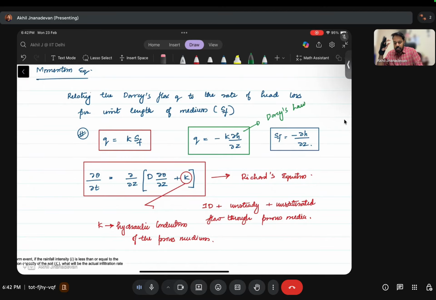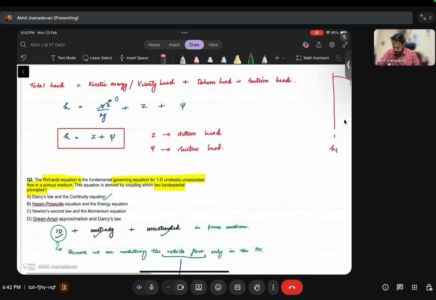We're ending up at Darcy's law because we were able to relate this to the momentum equation of laminar flow in a closed conduit. Okay, so this is the correct answer.